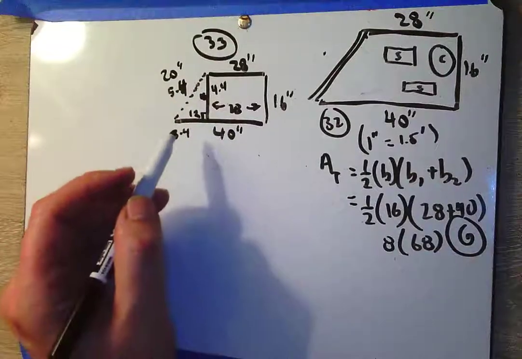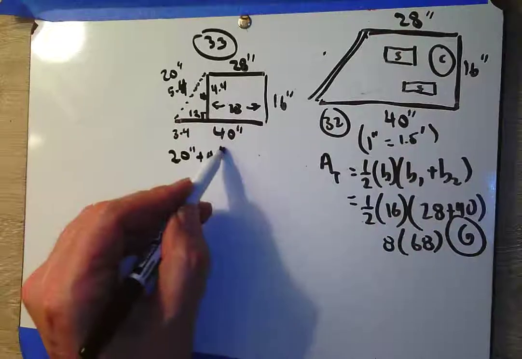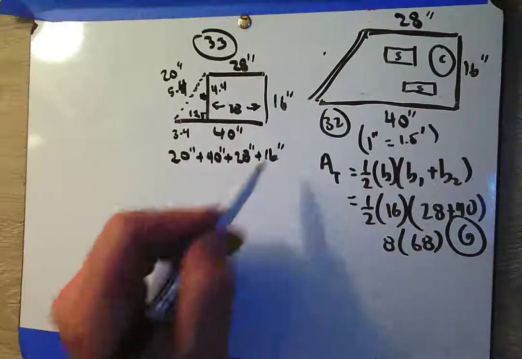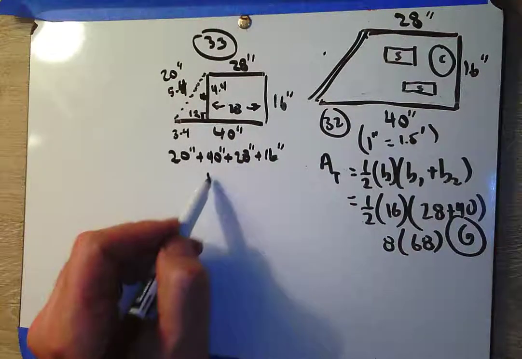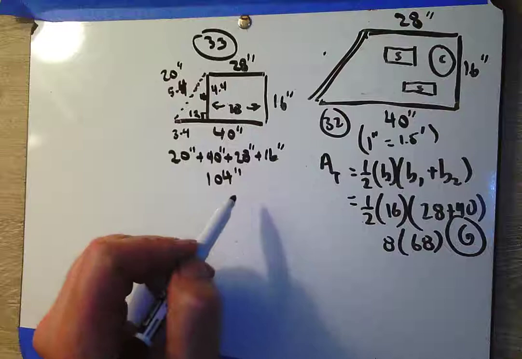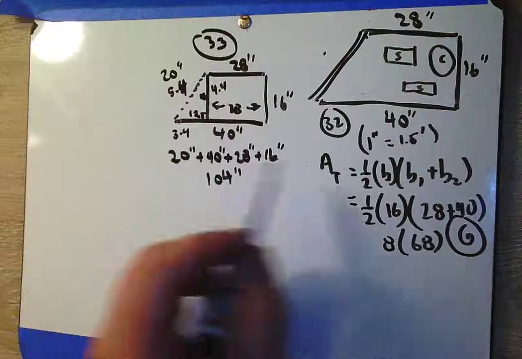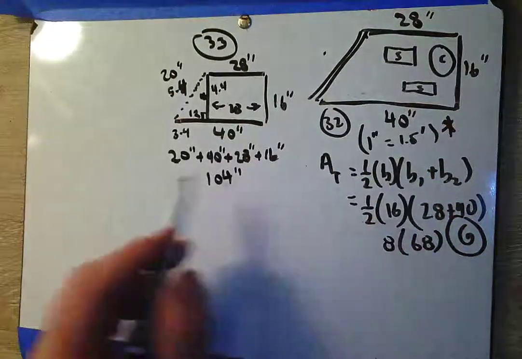So how many total inches do we have? We have 20 inches plus 40 inches plus 28 inches plus 16 inches. 60, 70, 80, 90, 104 inches. But we're asked to find the perimeter in feet. And remember over here, we were told that each inch was 1.5 feet.